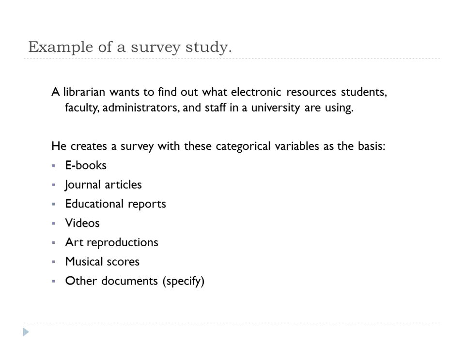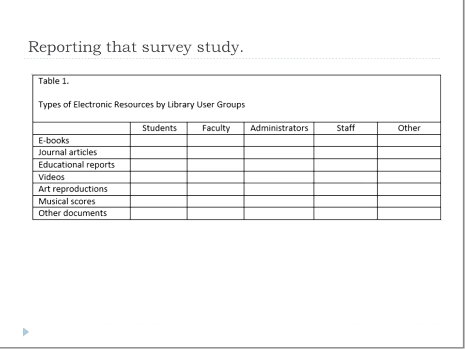He's got his variables, and the next step in developing a survey study is to write survey items, and you need to make sure that you have at least one survey item to cover each one of those variables. If you can think of 2 survey items or 3 survey items for each variable, you're better off.